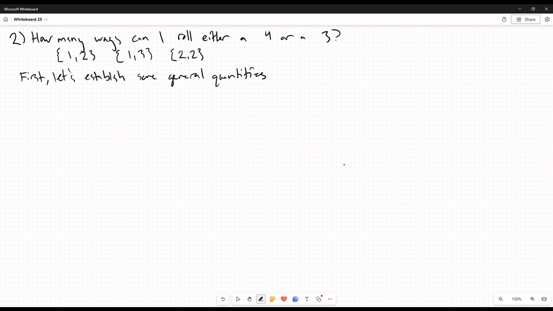So we already saw that to roll 2 different numbers, there's 302 ways. That's what we saw when we tried to see how many ways to roll a 1 and a 3. Totally independent of what the numbers are. That could be a 4 and a 6, it could be whatever.